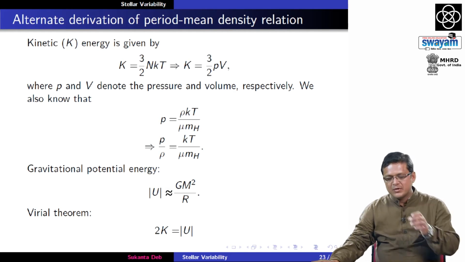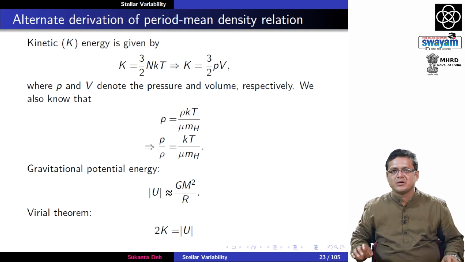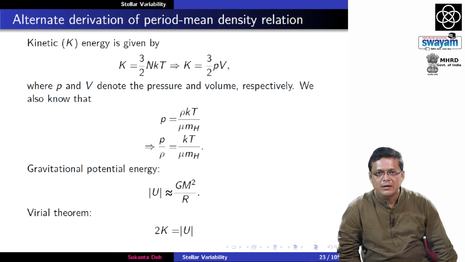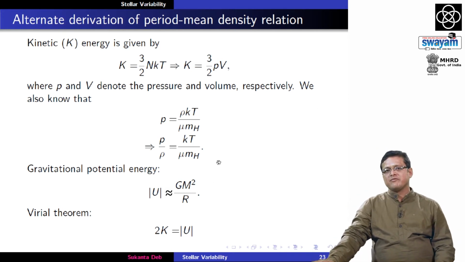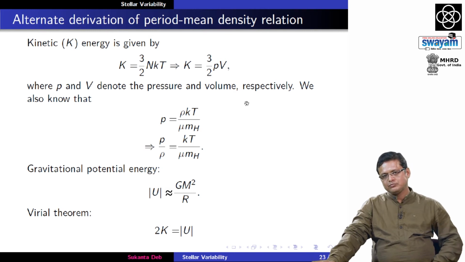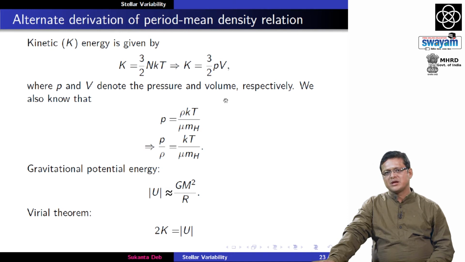Now, we can derive the same equation by using the virial theorem. So, we know that the kinetic energy is given by 3 by 2 N k T. Now, this capital N is the number of molecules of the gas, k is the Boltzmann constant and T is the temperature.